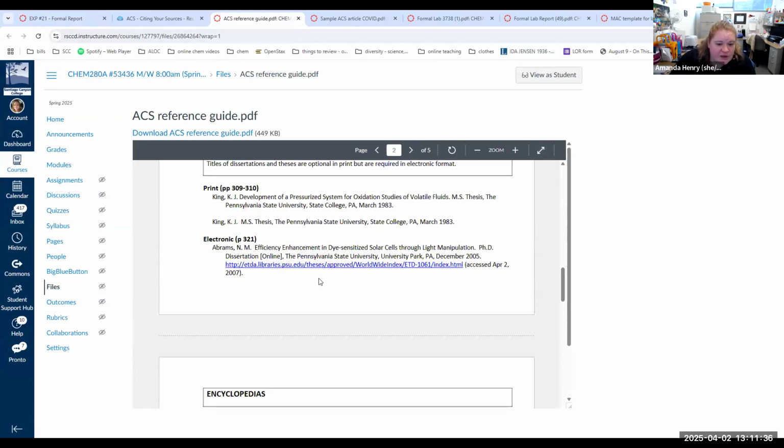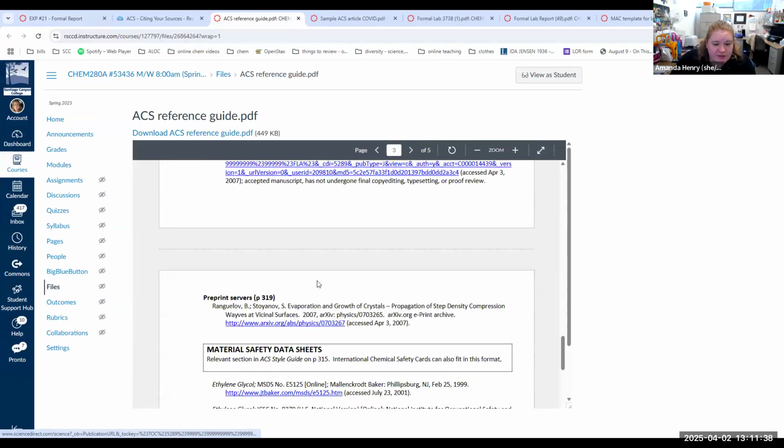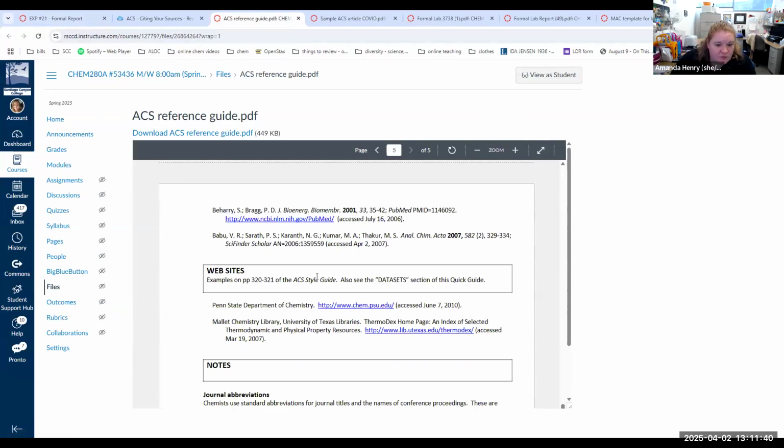But of course, the one that we'll probably use even more, if we scroll down, we have the section on how to cite a website. So you would have the author of the website. And so for this example, that's an entire chemistry department, which is completely okay. It might be a company, it might be a government, a branch of the government. And then you have the actual URL and then the date that you accessed it.